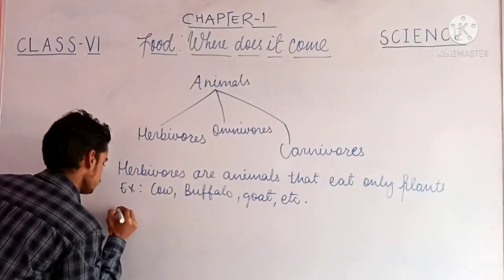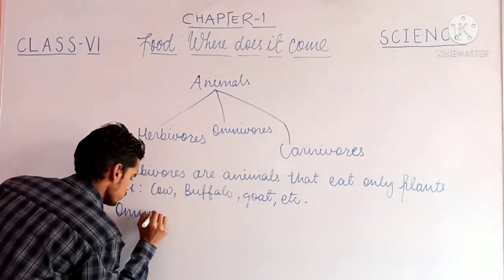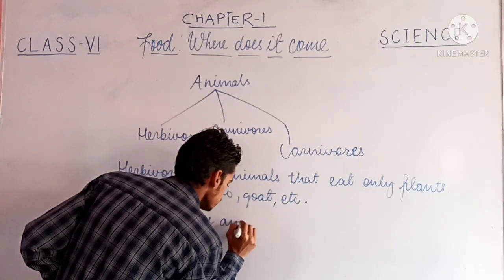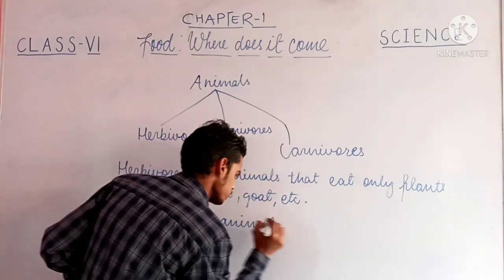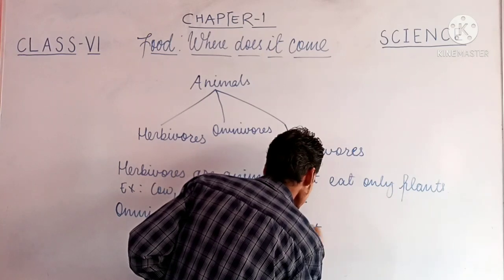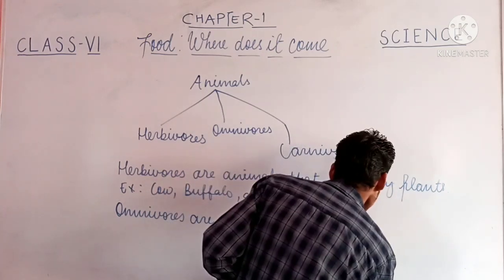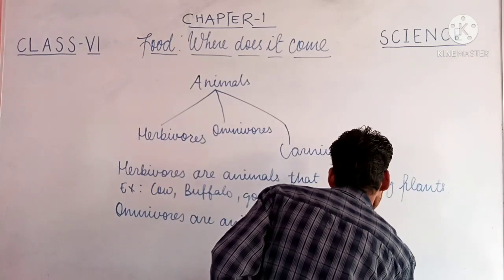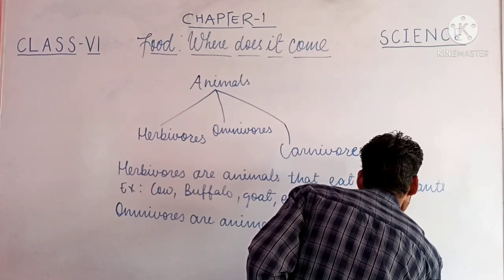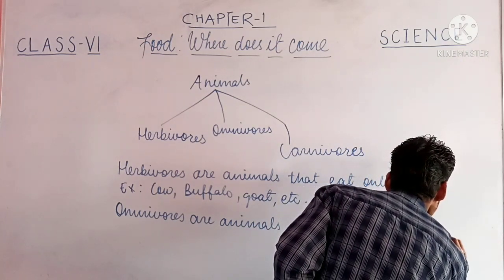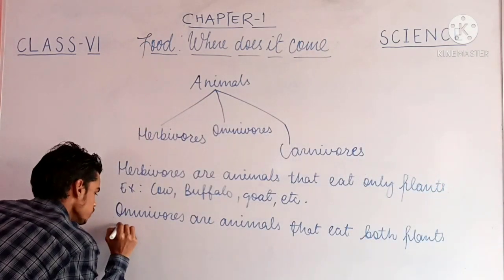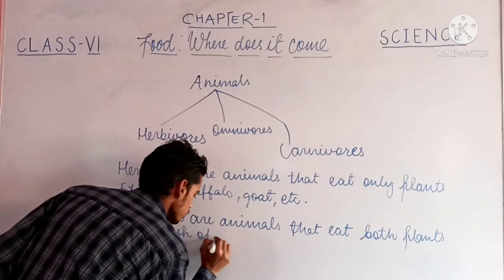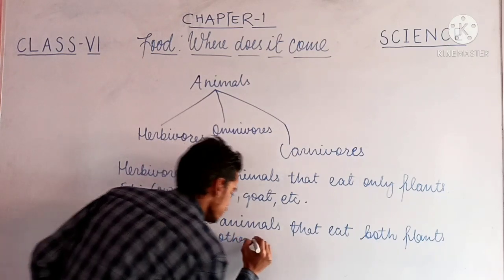Now omnivores. Omnivores are animals that eat both plants and the flesh of other animals.